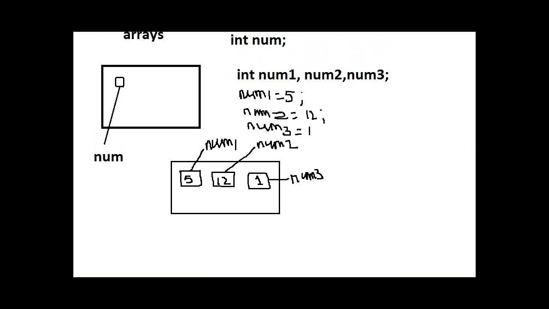Clearly, when we create variables like these, there is no relationship between num1, num2 and num3. That is, they are created in the memory randomly. Suppose num1 is created here, num2 is created here, num3 is created here.